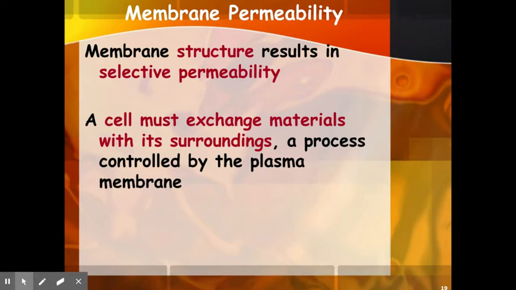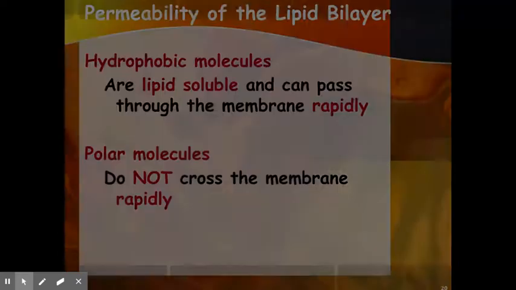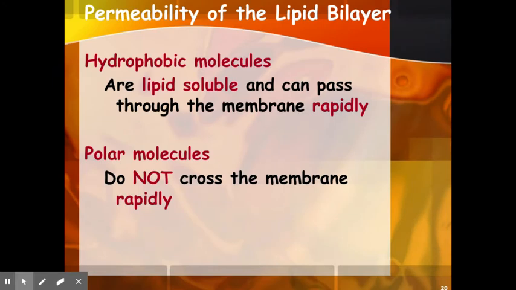Membrane structure results in selective permeability as well. Selective permeability is, again, controlling what can go in and out of that cell in both directions. They have to be able to get waste out and nutrients and sugars and water in. So it has to be able to exchange materials with its surroundings. Hydrophobic molecules are considered lipid soluble and they can pass through the membrane.